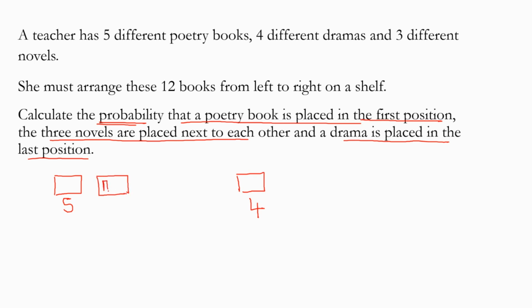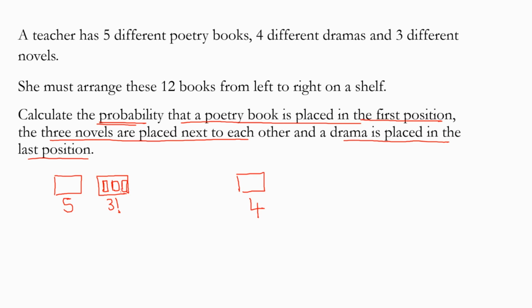So we have a novel, a novel, and a novel. These novels must be next to each other, meaning that we have 3 factorial arrangements for these novels. And then we treat this whole box for novels as a unit.